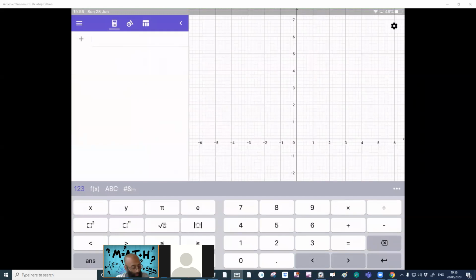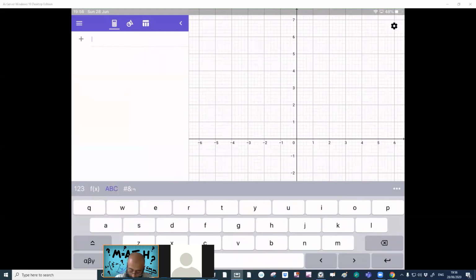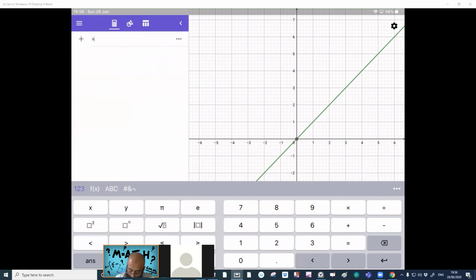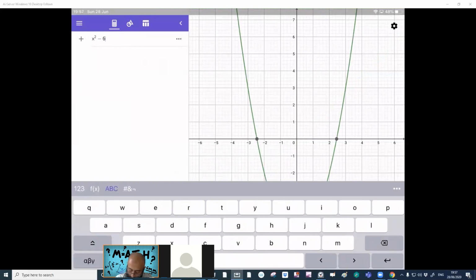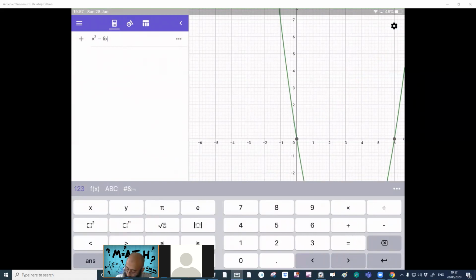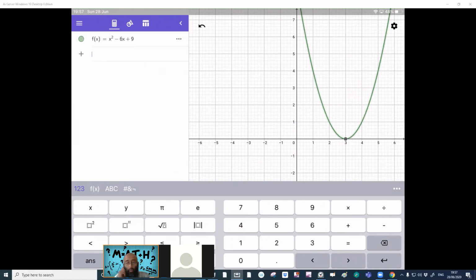Okay. So, what was our first graph? We have y equals x squared minus 6x plus 9. There we go, folks. That's done. And you press enter. So that's the first graph that we just did earlier. It's drawn it for us.